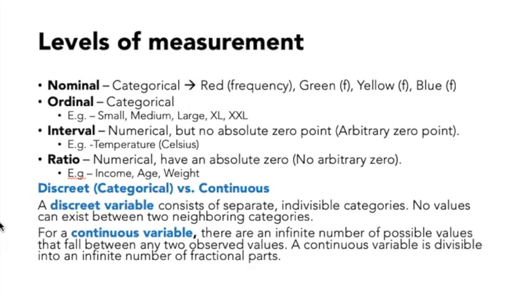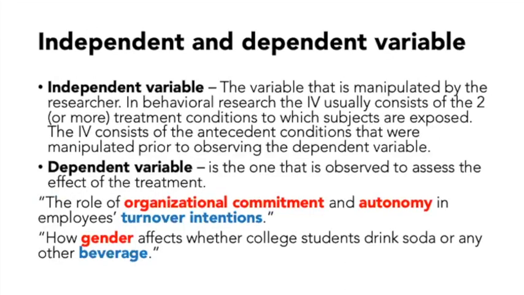This is what we call a continuous variable. So a continuous variable is divisible into an infinite number of fractional parts. Okay, so now these are the four levels of measurement, or particular types of variables we would notice. Those types are related to how you are going to measure this.